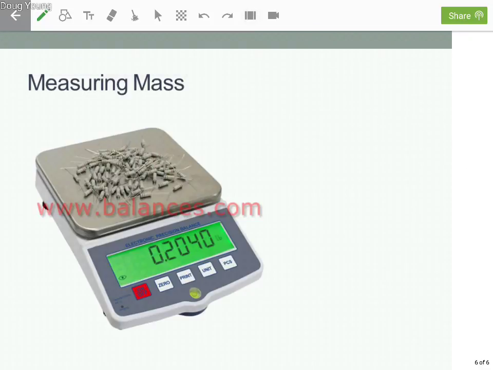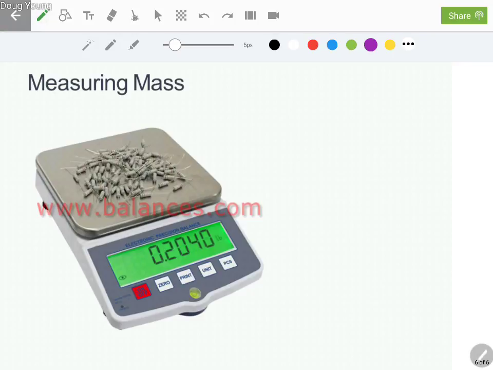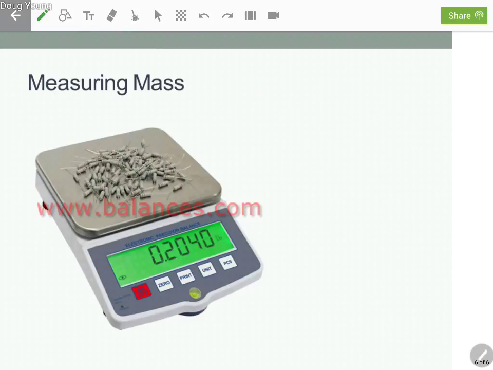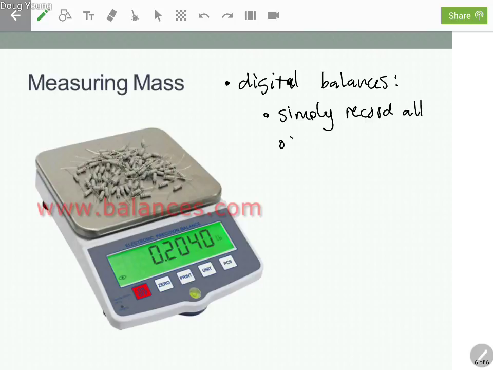And then recording mass is going to be really straightforward, especially for us because we have all digital scales. It's super easy because if you're measuring using a digital scale, you just record what the scale says. So for digital balances, simply record all of the numbers given.